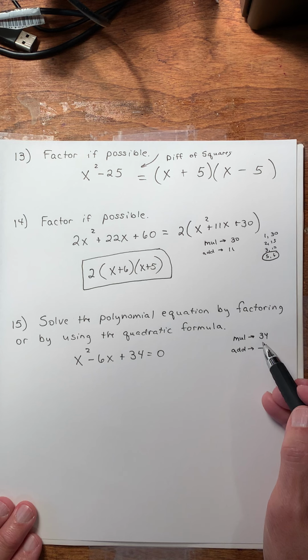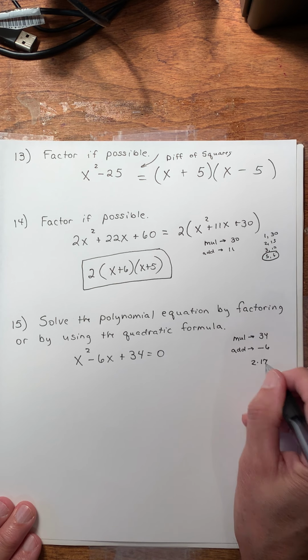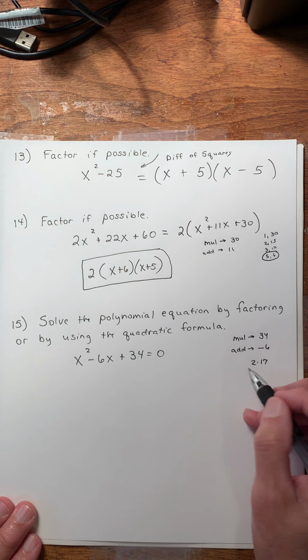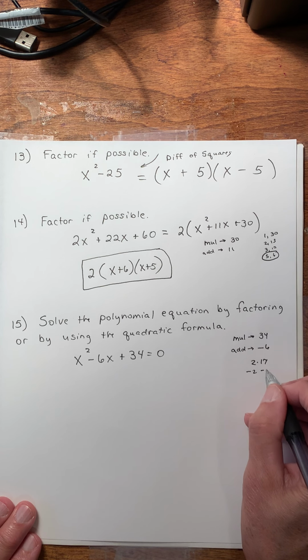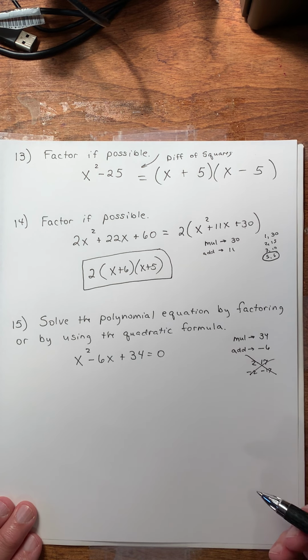Okay, multiply to give 34. What'll go into 34? It's even. 2 times 17. Negative 2 times negative 17. Neither of those is going to add to negative 6, is it? So you know what? This guy doesn't factor.